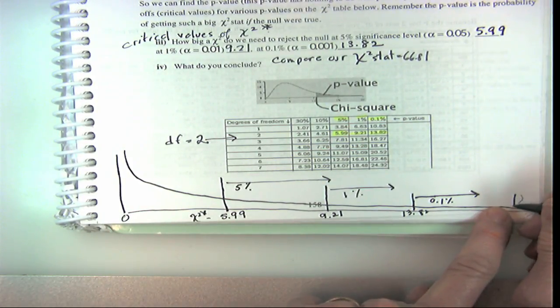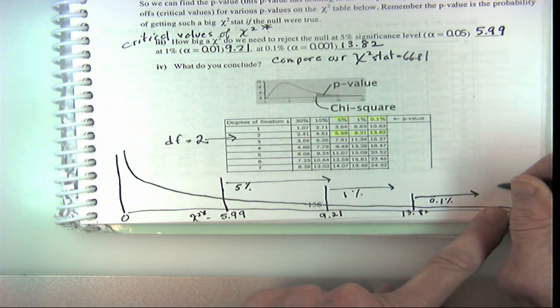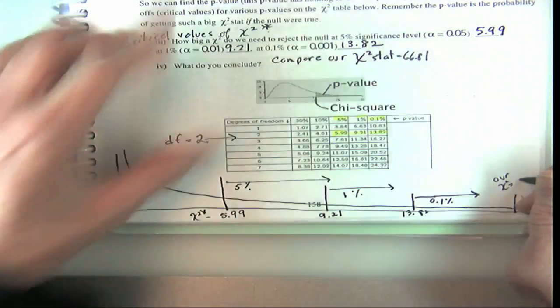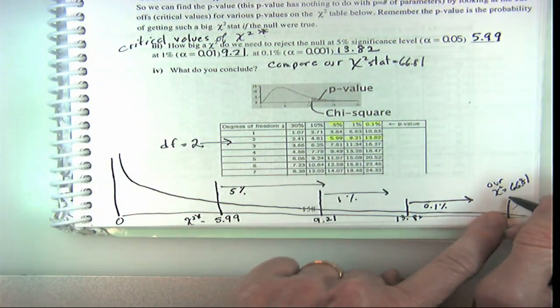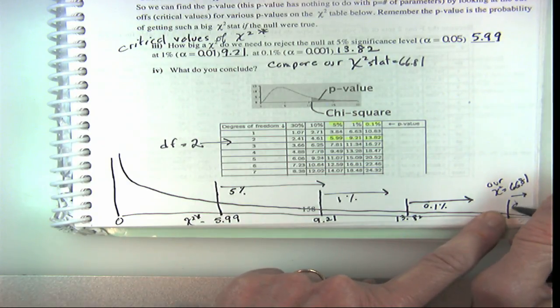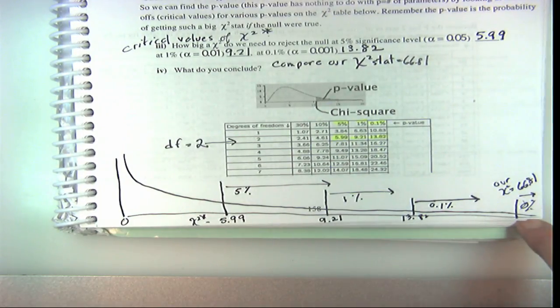Pretend it was here. It's much, much further. So this is where our chi-square stat is equal to a huge 66.81. So our p-value is almost 0. From here on in is almost 0%. It's never exactly 0 because the curve doesn't touch the x-axis, but it's virtually 0.